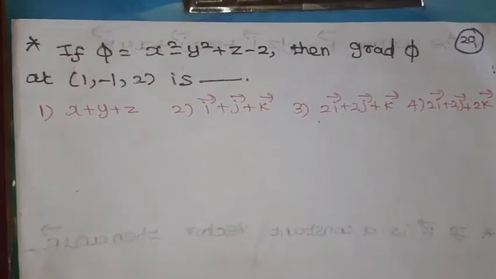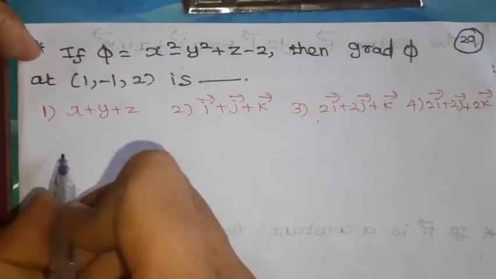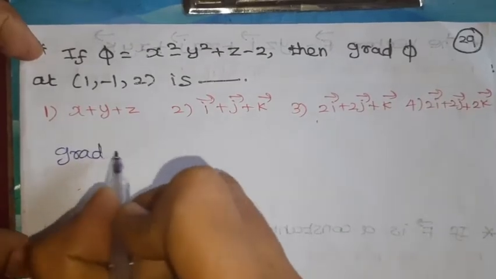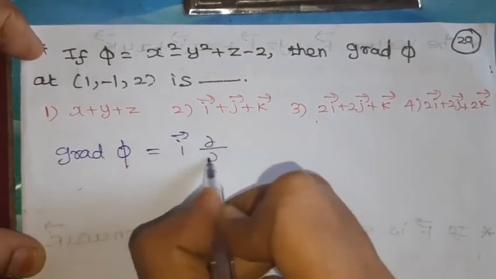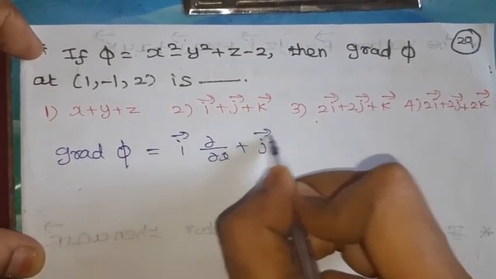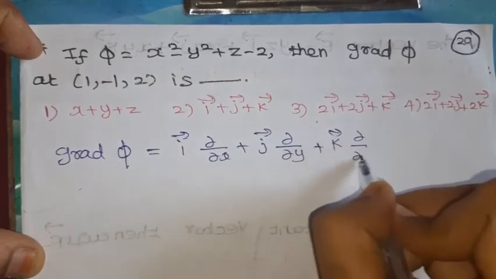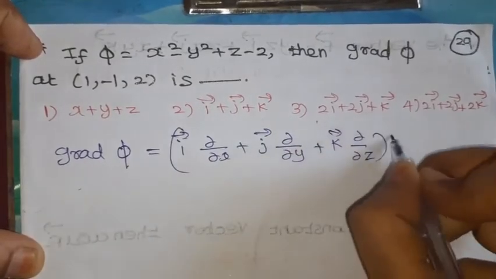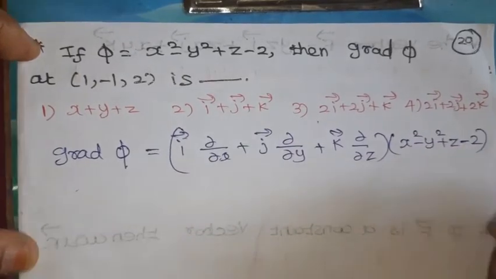If phi equal to x squared minus y squared plus z minus 2, then grad phi, simple. The phi value is given, we are going to find out the gradient of phi. So i into dou by dou x plus j into dou by dou y plus k into dou by dou z of x squared minus y squared plus z minus 2.